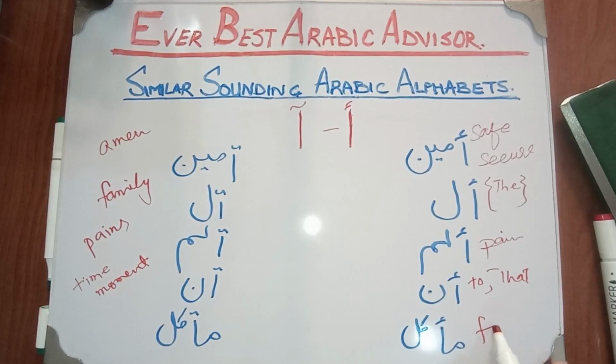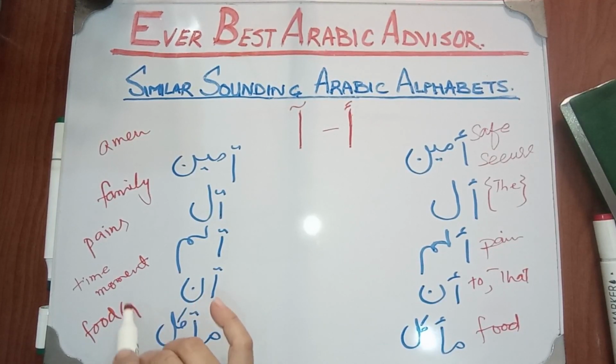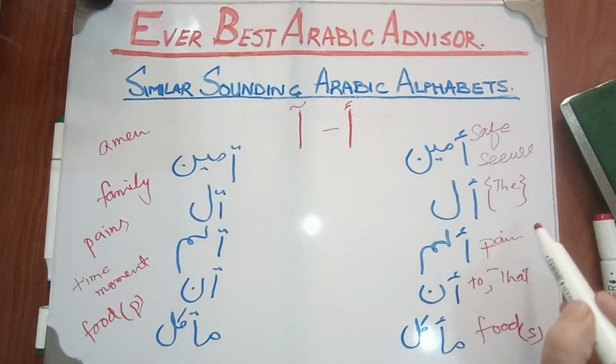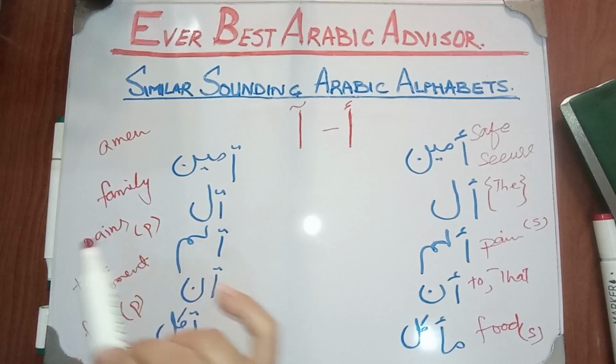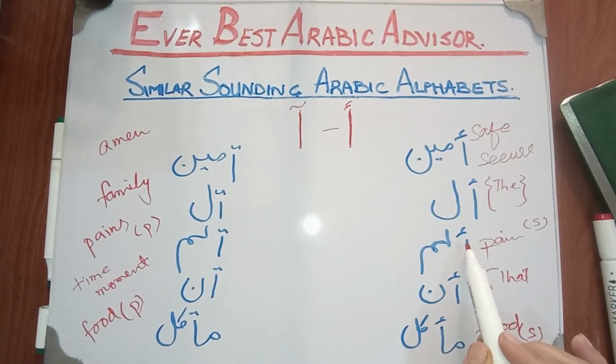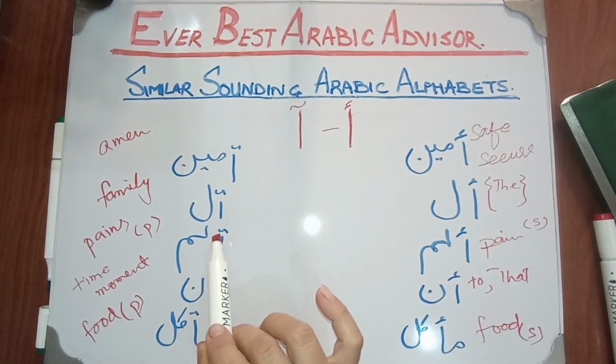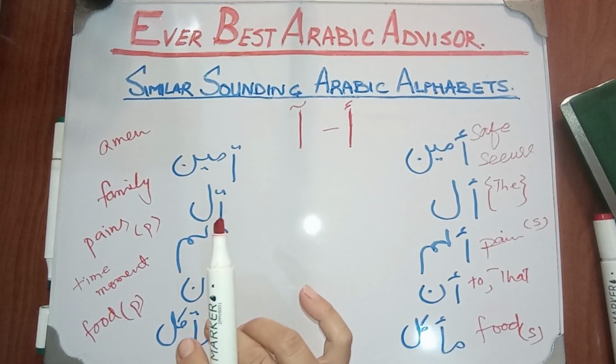Makal, food. Makal, food, but plural. Pain is singular, Alam is plural. So, Hamza and Mad make the difference in the meanings.